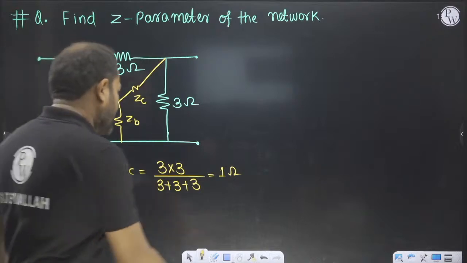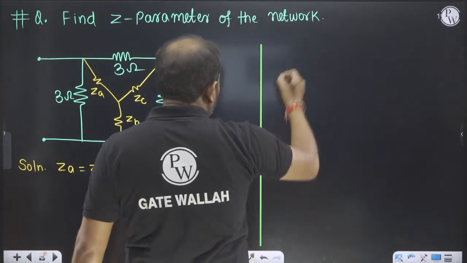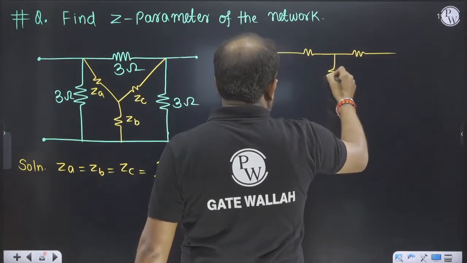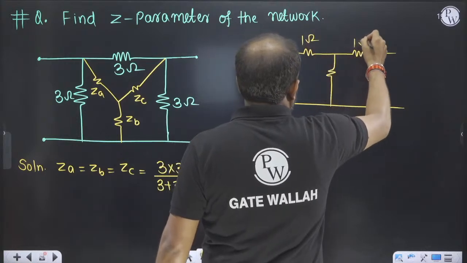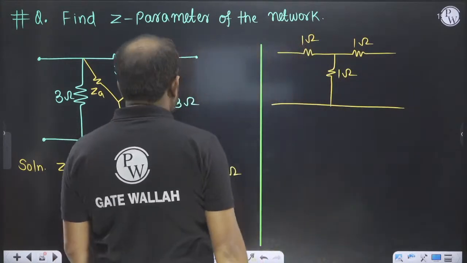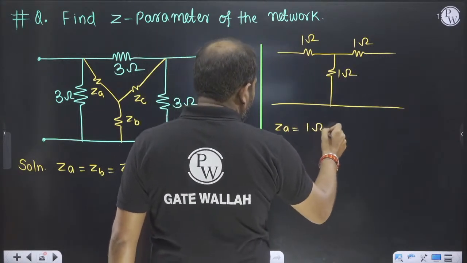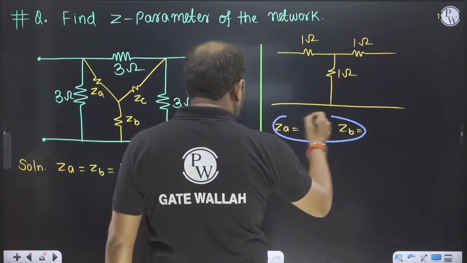So our T network will be 1 ohm, 1 ohm, 1 ohm. This is our T network. So we have ZA is equal to 1 ohm, ZB is equal to 1 ohm and ZC is equal to 1 ohm.